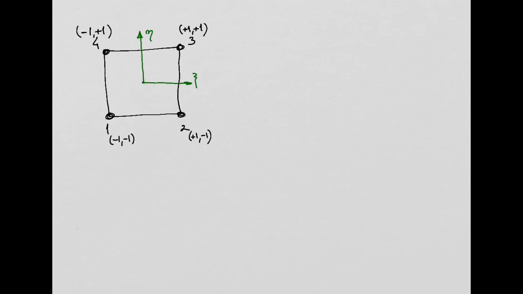Okay, so this is our quadrilateral element with 4 nodes in the natural coordinate system, xi eta.